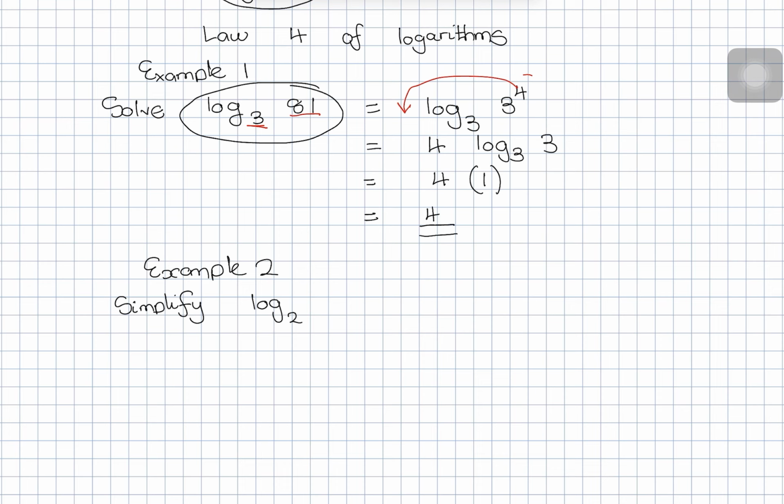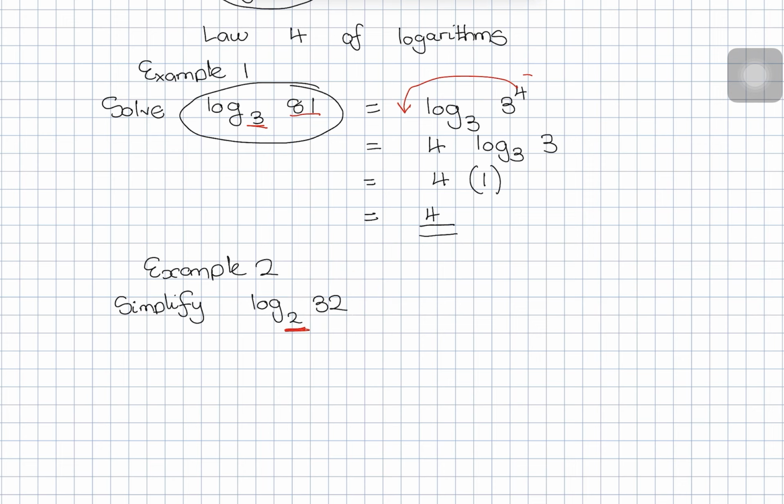So we have log base 2 of 32. The key with these questions is you have to make sure that this number here would come and appear right here where we have a 32.